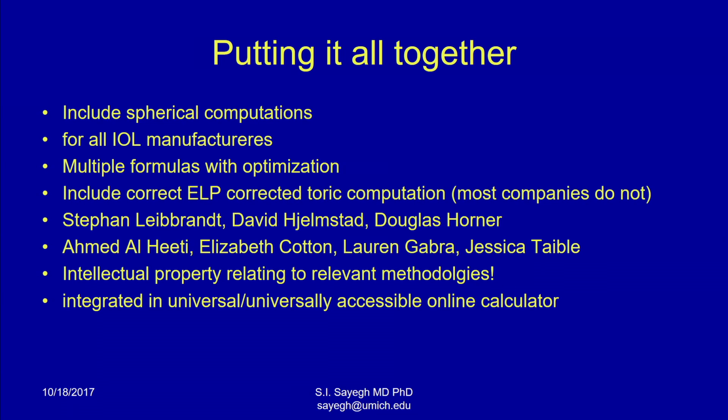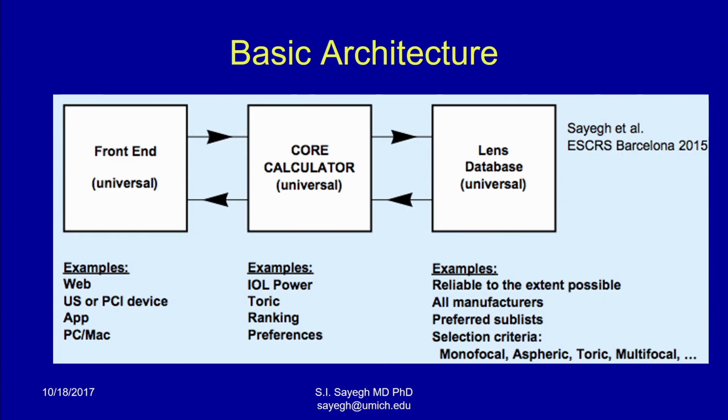Toric means the astigmatic part. People didn't know how to do it, and they were using algorithms that were inaccurate a number of times. These are some of the collaborators again, and I'm going to give some examples of what we did.